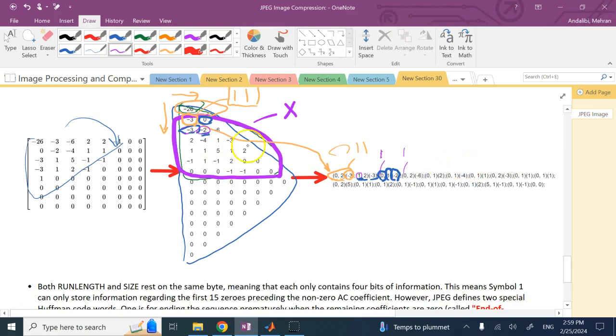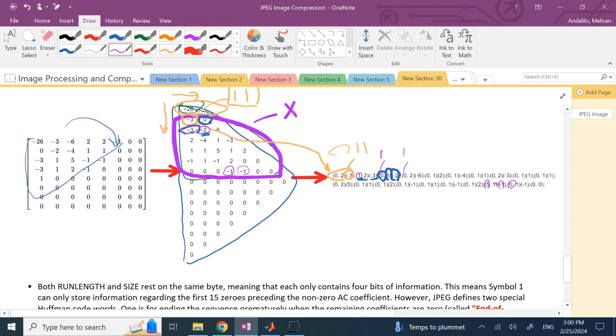You can see a similar thing here. Look at this -1. It has 5 zeros behind it, so you see that here. But the next -1 after that does not need to say again, hey, I had another 5 zeros behind me. So for this second one, you see there is a 0.